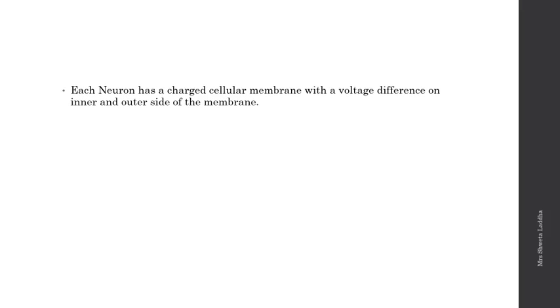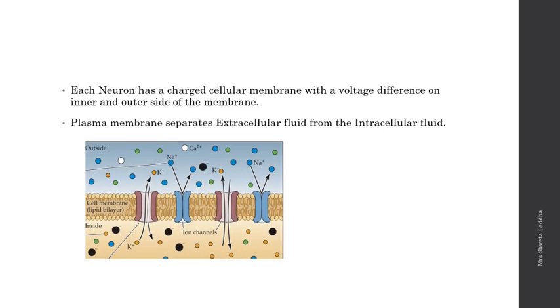Each neuron, now we will see it in detail, has a charged cellular membrane, and it has a voltage difference on the inner and outer side of the membrane. The plasma membrane separates the extracellular fluid from the intracellular fluid. Look at this diagram. This is the cell membrane bilipid layer, which we also call the plasma membrane.